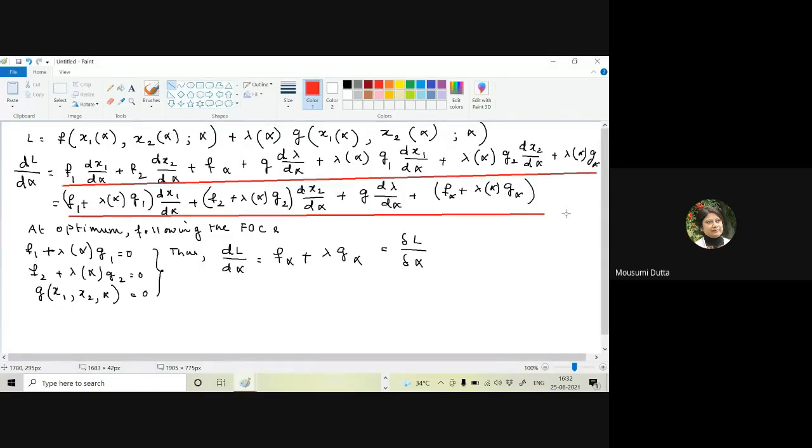Now, at optimum, following the first order conditions, we get f1 plus lambda g1 is equal to 0. Whether it is utility maximization, cost minimization, or output maximization, whatever, we get this format. f1 plus lambda g1 is equal to 0, f2 plus lambda g2 is equal to 0, and the constraint itself, which we got when we took the derivative with respect to lambda, the Lagrange multiplier.